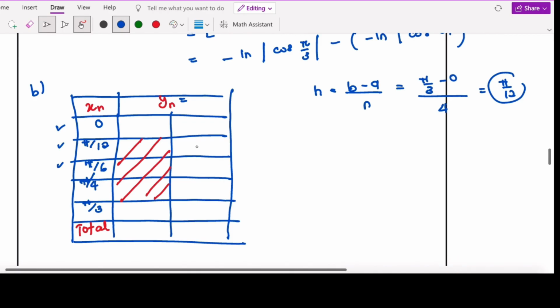Make it 5. The first one is 0.00000. Just use your calculator to find out the values. You can also use menu number 9. You can ask your tutor or lecturer to explain how to find the values using the calculator.